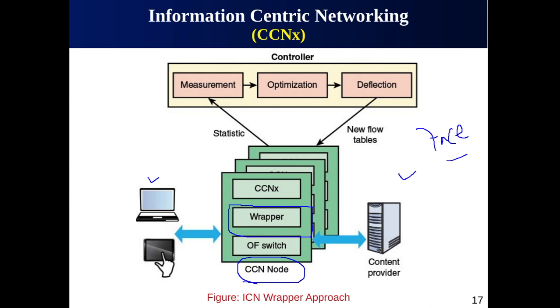But the abstract view of this architecture is that we have a CCN node that contains an OpenFlow switch, then an abstraction layer called the wrapper, and then we have the CCNx application installed on top of it, and these are connected with the help of the face interface.